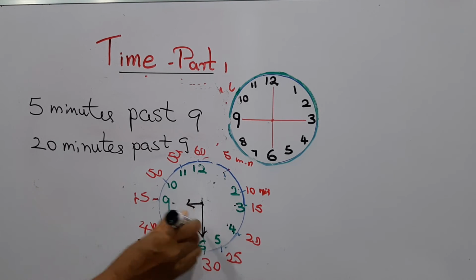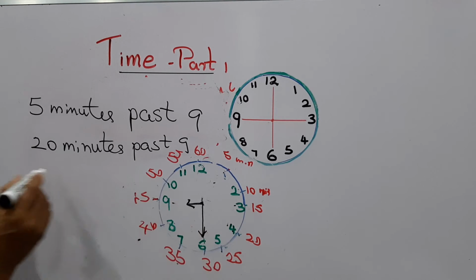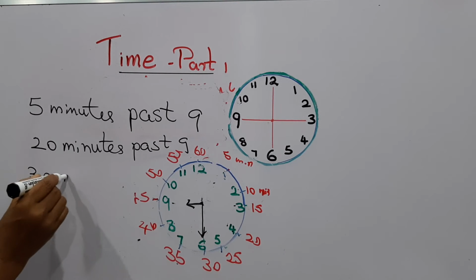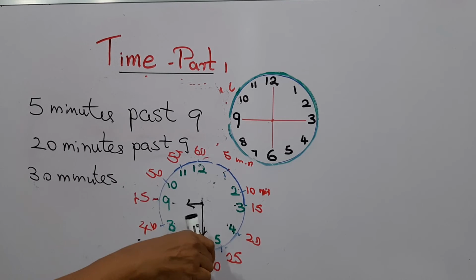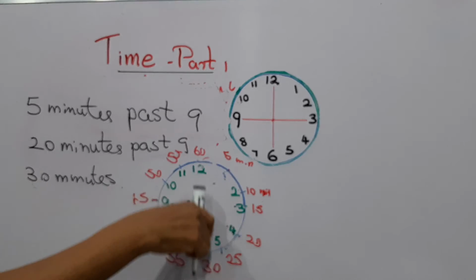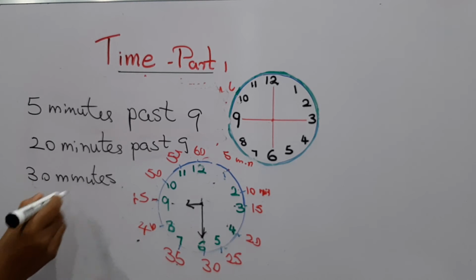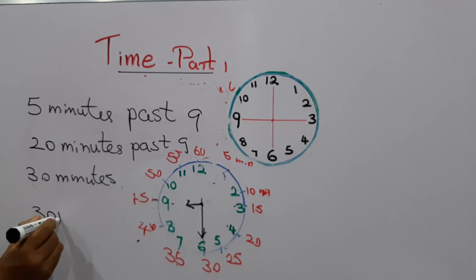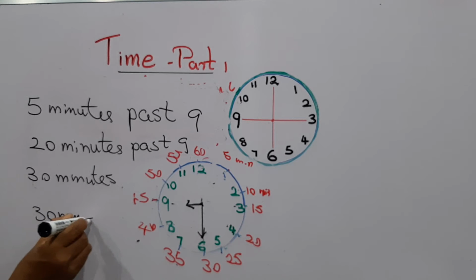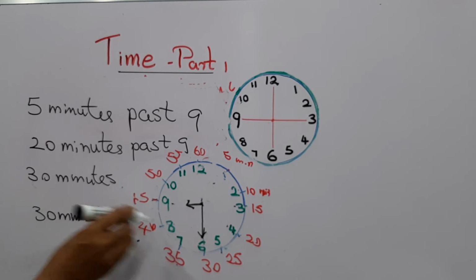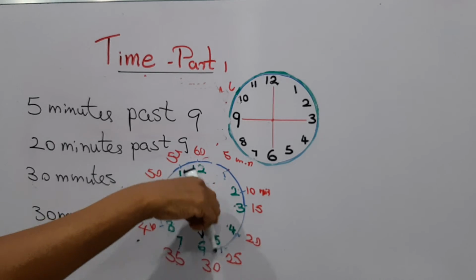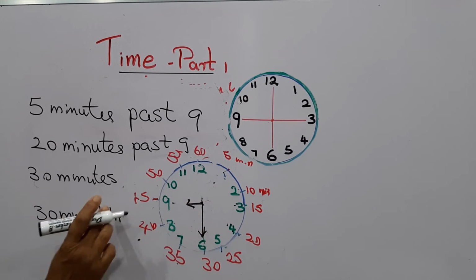Now what is the time? Yes, 30 minutes past 9. 30 minutes means, yes, we said earlier, 30 minutes equals half an hour. That means half an hour past 9.